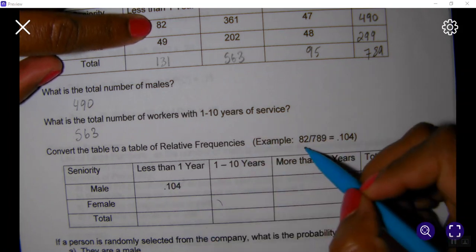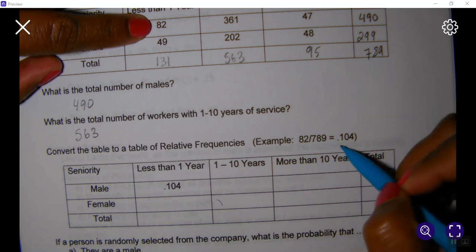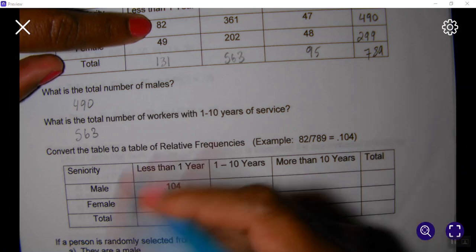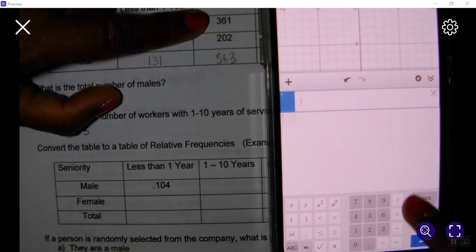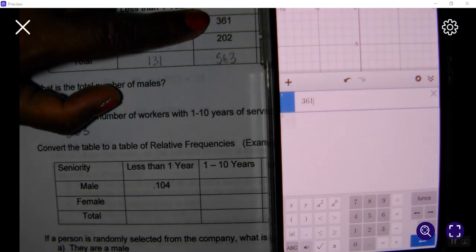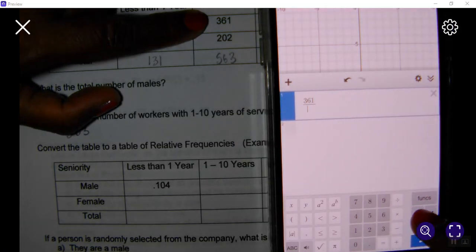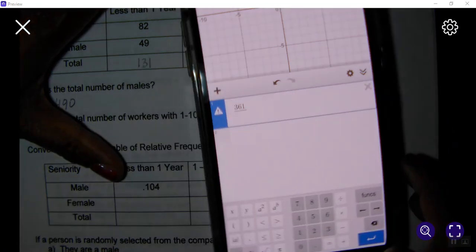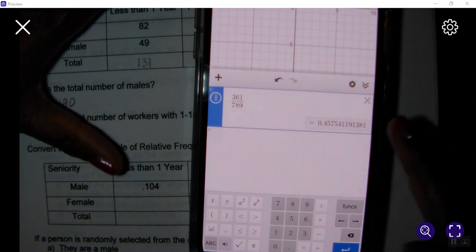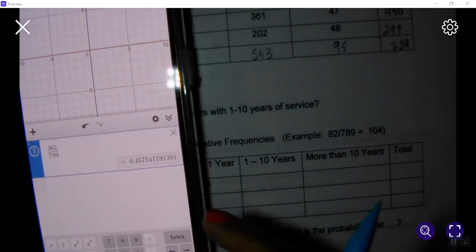So 82 divided by 789, which is equal to 0.104. So we're going to do that with the rest of them. So you're going to do 361 divided by the total, which was 789.